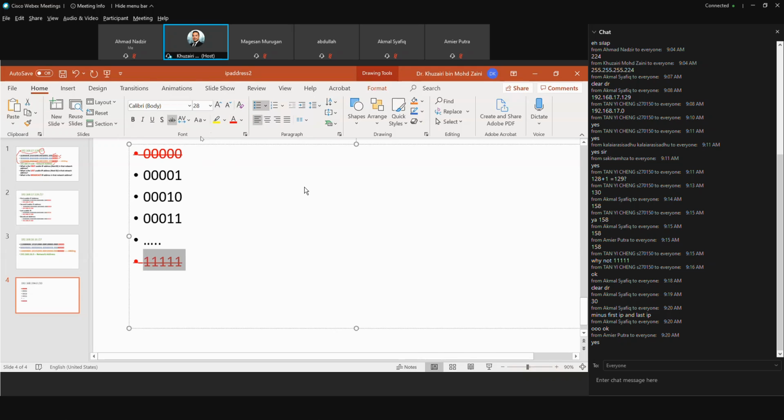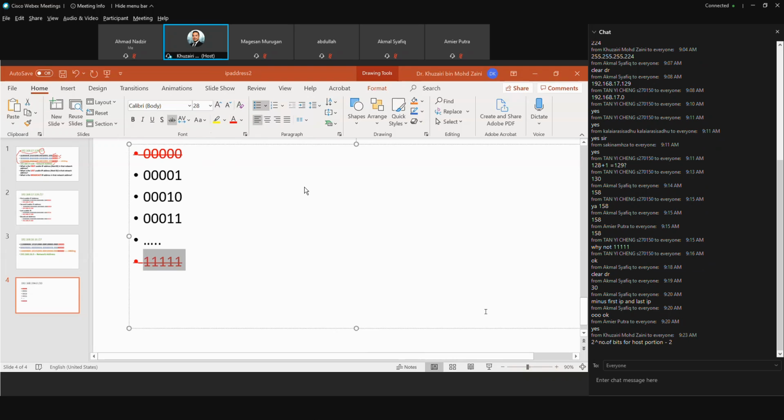Okay, so the equation is that you want to identify how many usable IP addresses in that particular network. You take 2 to the power of the number of bits for the host portion, and then you need to minus 2. 2 to the power of the number of bits for host portion, minus 2.